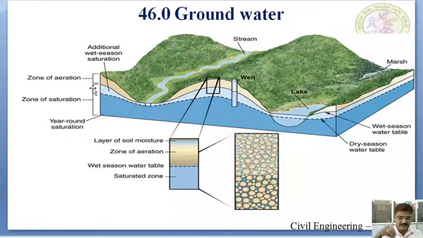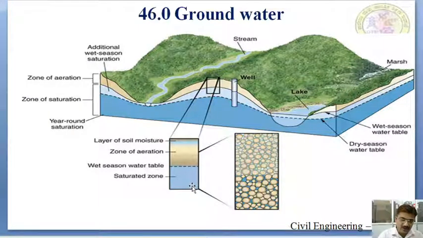But in the saturated zone, if we need water from the groundwater, this is the zone from where water is available and can be used for pumping or digging wells. Coming to the saturated zone. This is the zone of aeration. Now this is the saturated zone.